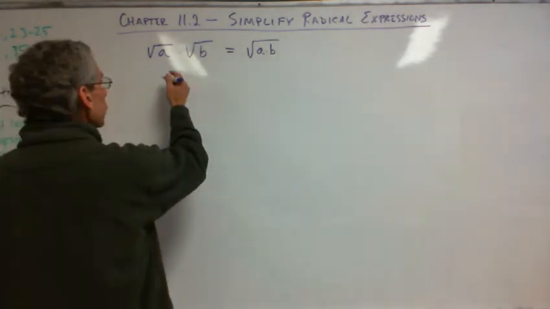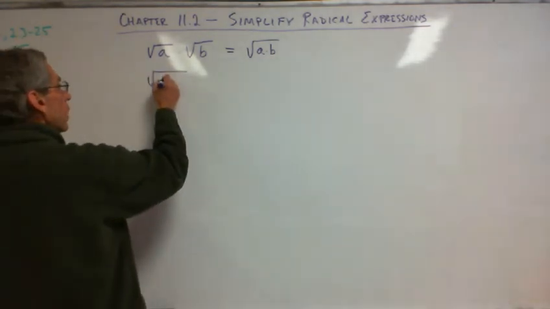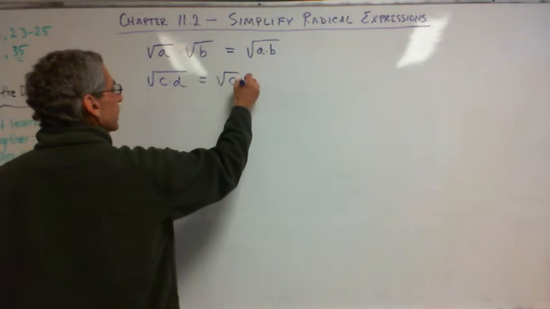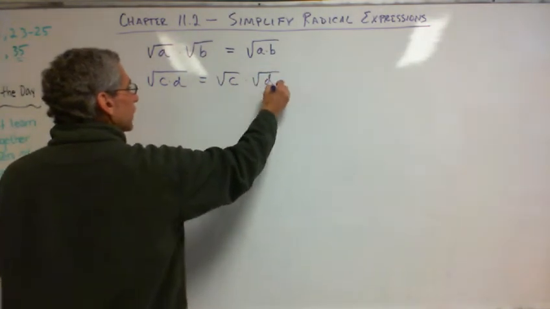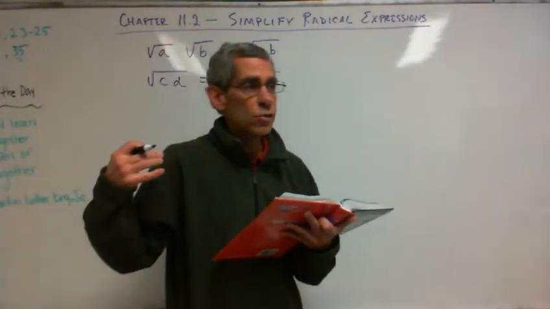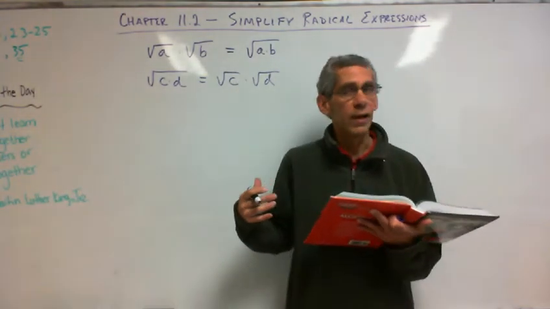Or you could do it the reverse way: the square root of C times D is equal to the square root of C times the square root of D. So this is really useful if you're simplifying.